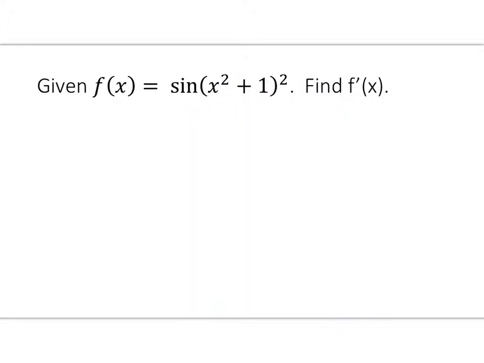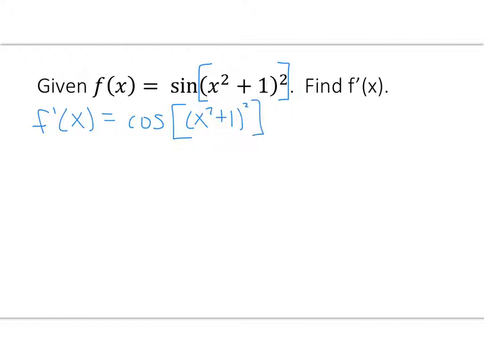All right, so now we have f of x equals sine of x squared plus 1 squared. Notice the angle is x squared plus 1 squared. So this is a combination with the chain rule. So to find my derivative, I know the derivative of sine is just equal to cosine. So it's cosine of whatever that angle is, which was x squared plus 1 squared. But now I have to multiply it again by the derivative of this thing, and this requires my power rule.